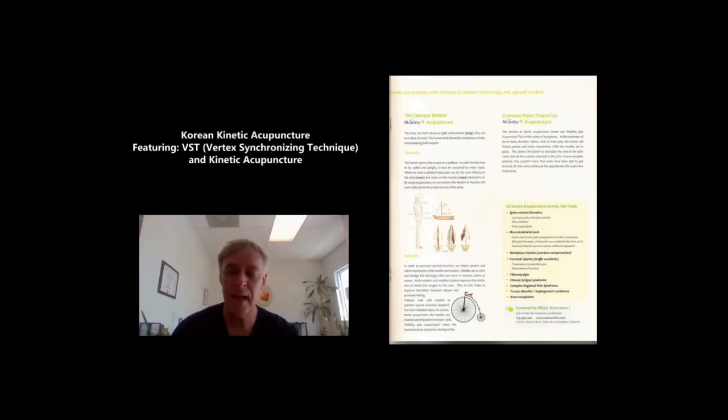The concept behind mobility plus acupuncture: the body has both structure, yin, and function, yang. They are two sides of a coin. The human body should be treated as a whole, encompassing both aspects. Structure. The spine is like a mast on a sailboat. In order for the mast to be stable and upright, it must be sustained by many ropes.